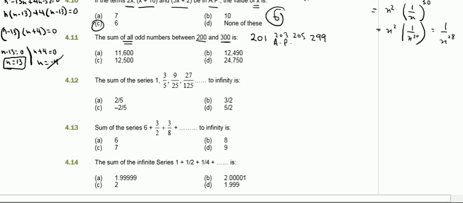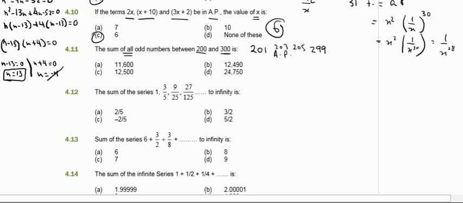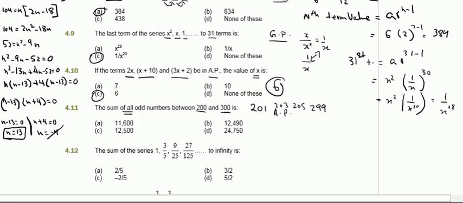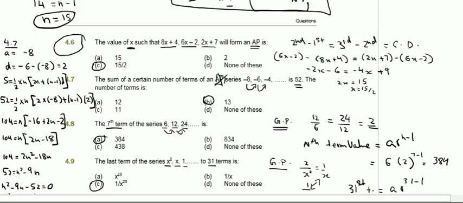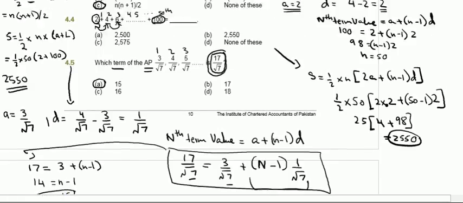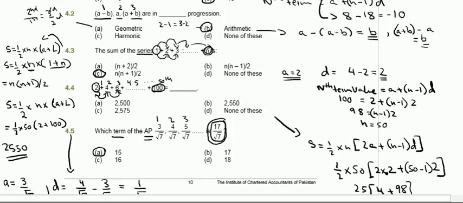Now this question should be solved in a similar manner in which we have solved a question in the previous video, which is this question 4.4. In this question we were supposed to calculate the sum of all even numbers between 2 and 100.